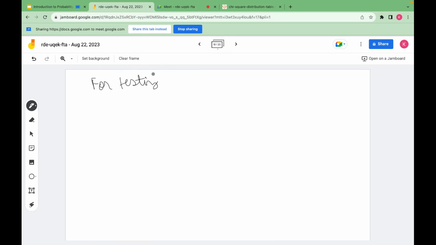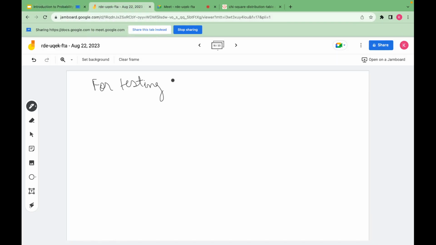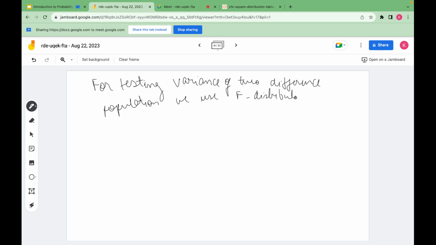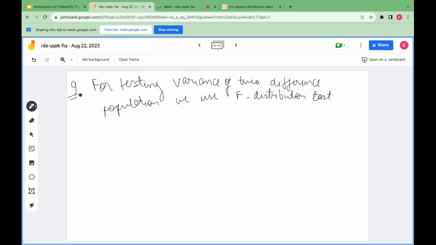For testing the variance of two different populations, we use the F distribution test.